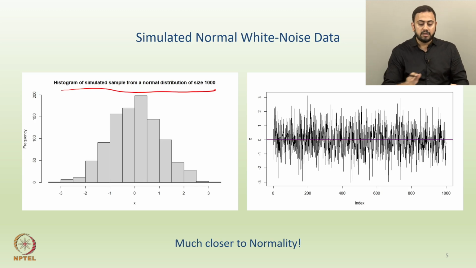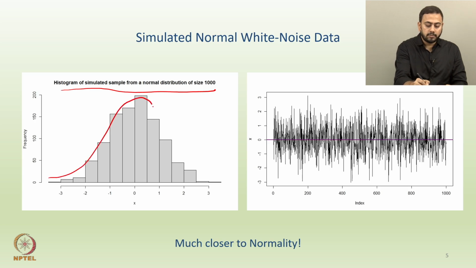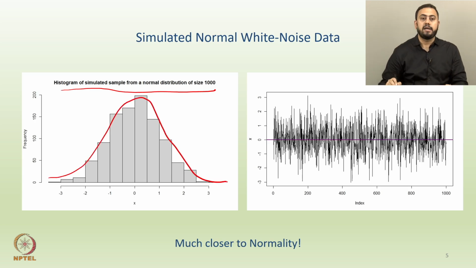On the left hand side you have a histogram of a simulated sample from a normal distribution of size 1000, and on the right hand side you are plotting all those observations, x axis versus y axis. Here you can clearly see that the red line and the blue line almost superimpose. So the mean is very close to 0, which we want, and here you can see a perfect kind of symmetry when it comes to capturing the data, okay.